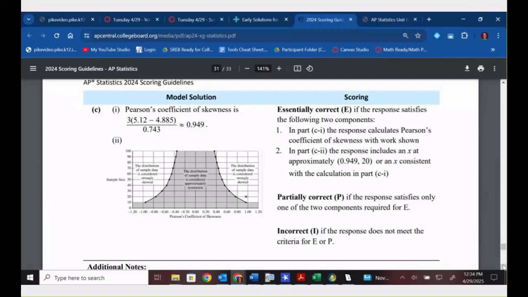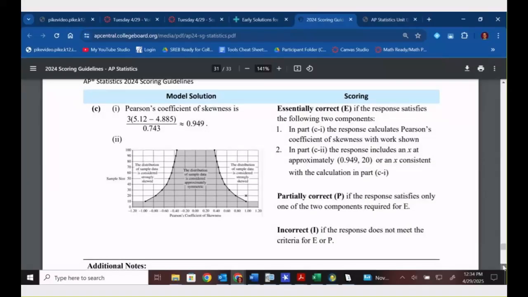So if they calculated this part incorrectly, but they put an X on their version of the graph, and I know this is going to be a little bit hard because you had to kind of sketch the graph in yourself. So you're looking for an approximate location here. If they got both of those components, then it's an E. One of the two components is a P, and none of the components would be an I.